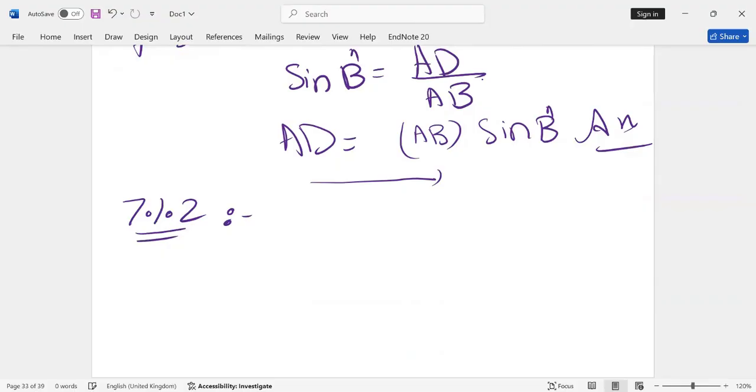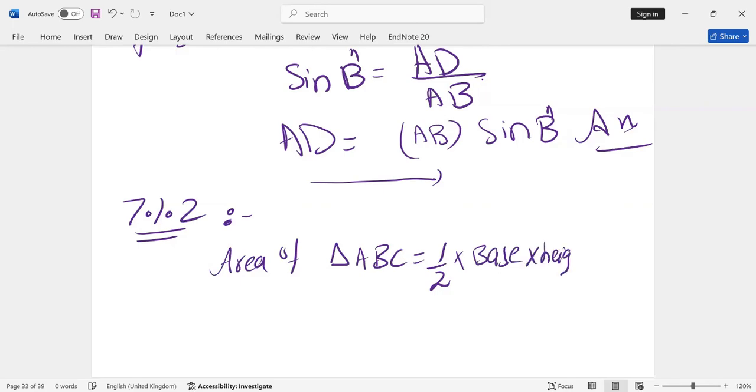So use the standard area formula and substitute in the result of 7.1.1. Okay, so we have the area of triangle ABC equals half multiplied by base multiplied by height.